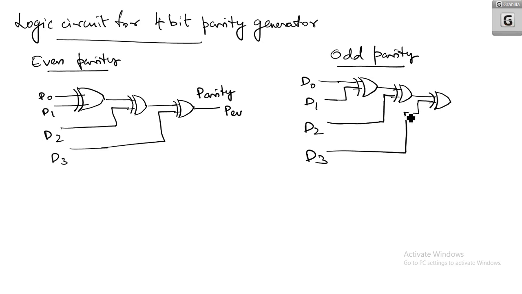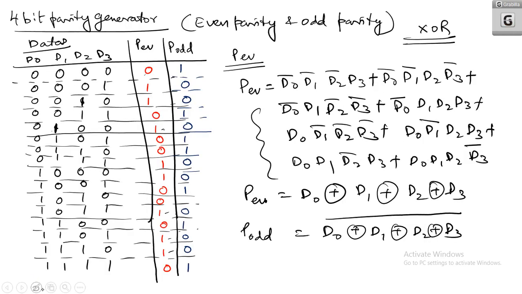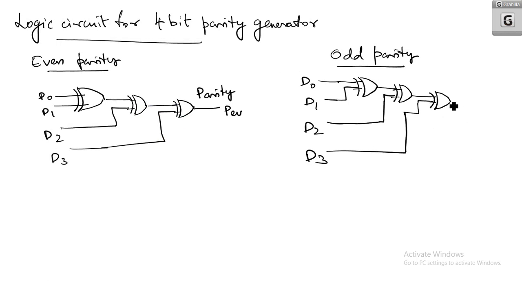And at last you should have a NOT gate. So here you will get odd parity. Okay. That means the parity bit is actually generated by the combination of the 4-bit data. The 4-bit data is D0, D1, D2, and D3. So this is basically a 4-bit parity generator. Okay, that is on the sender side.